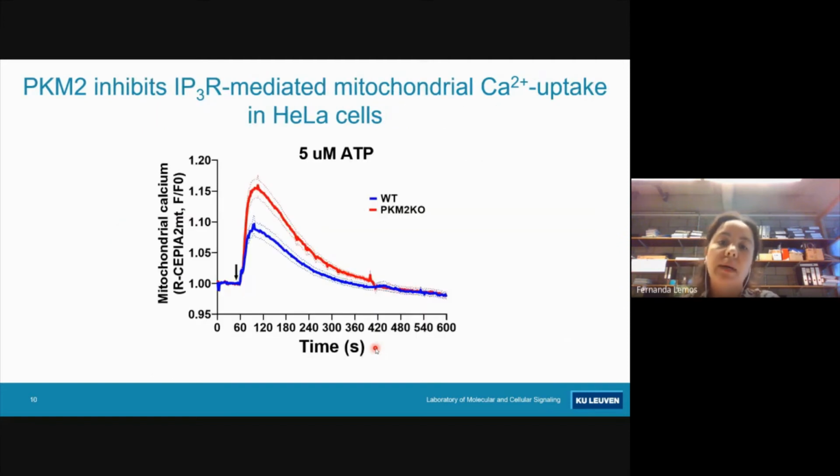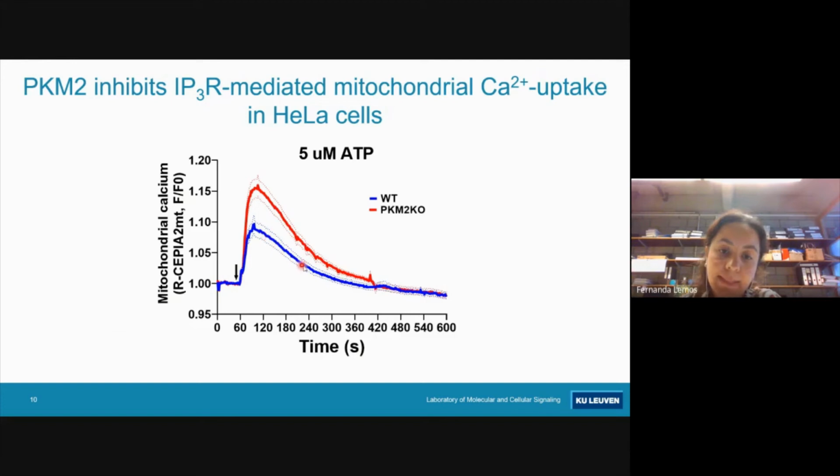Okay, so in accordance with our results in the cytosolic calcium signal, we also saw in the mitochondrial calcium uptake that PKM2 can decrease the mitochondrial calcium uptake.